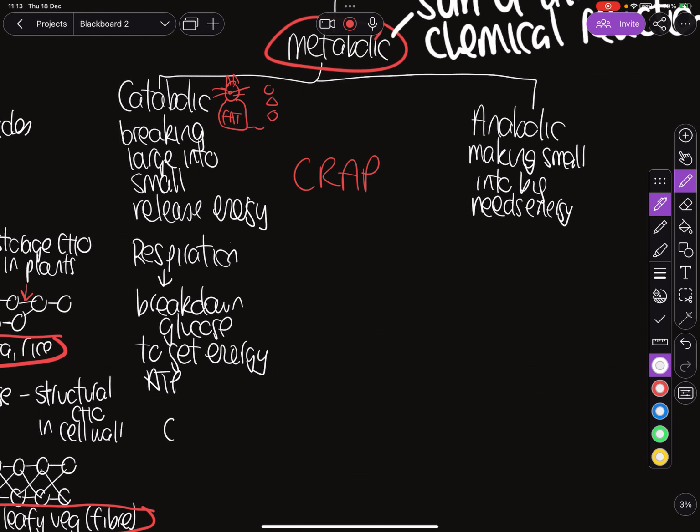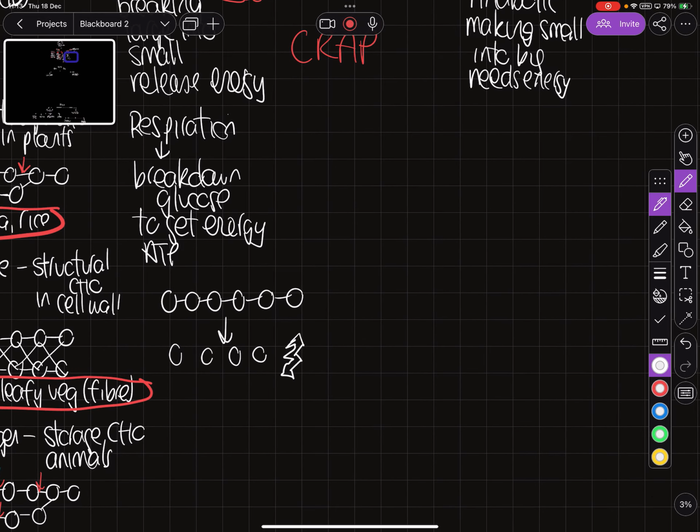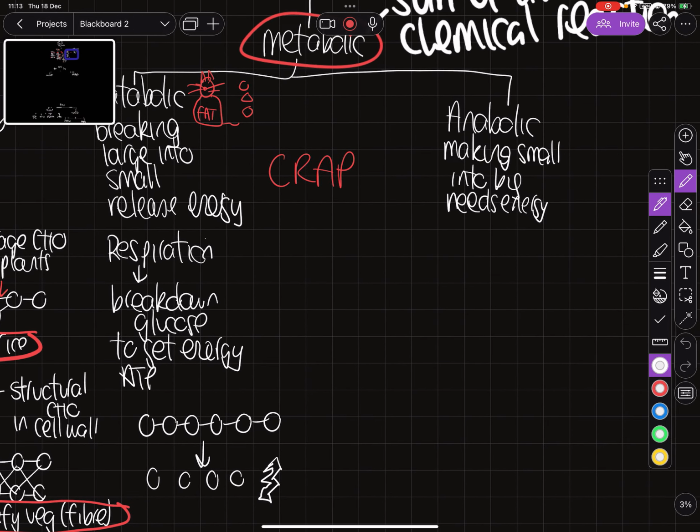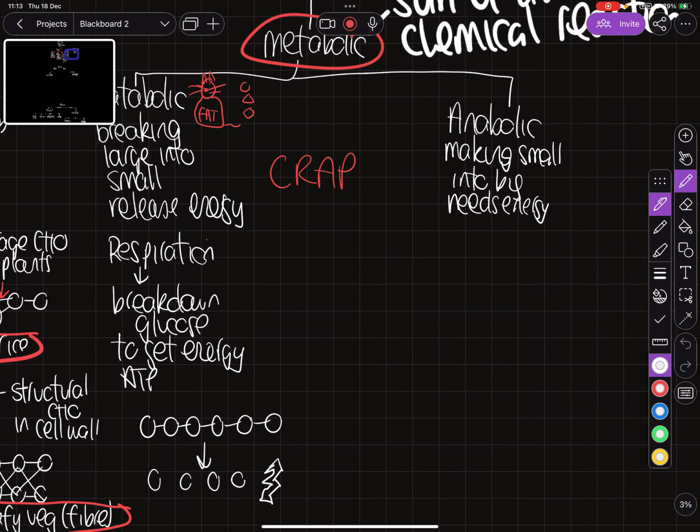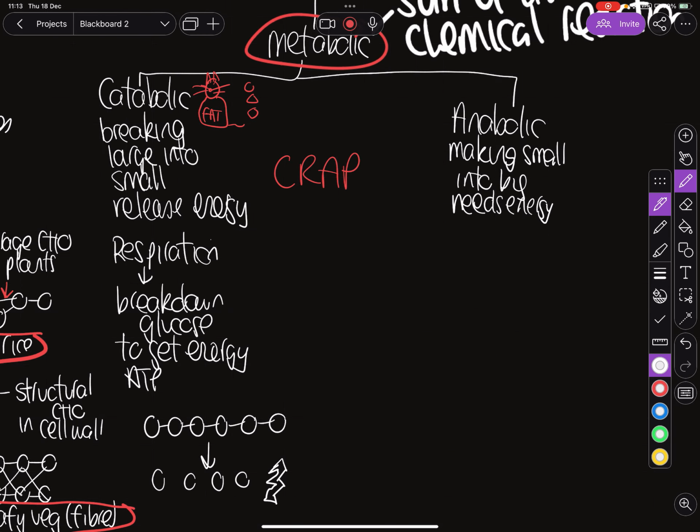You might have loads of little balls for our respiration, and we're breaking it down to give us these little single ones. We're going to put in something like a little lightning bolt, or at least my version of it, signifying that we're getting energy. So catabolic is respiration.